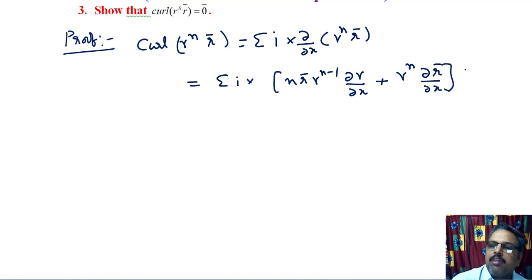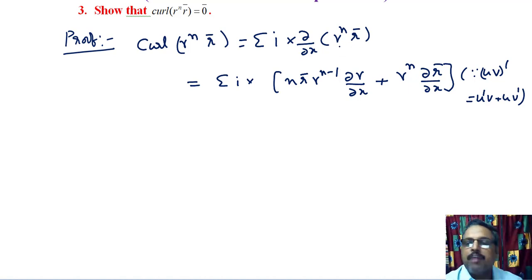So, using the formula, derivative of uv equals u dash into v plus u into v dash. Using this formula, just differentiate these two terms. First term is u, second term is v.